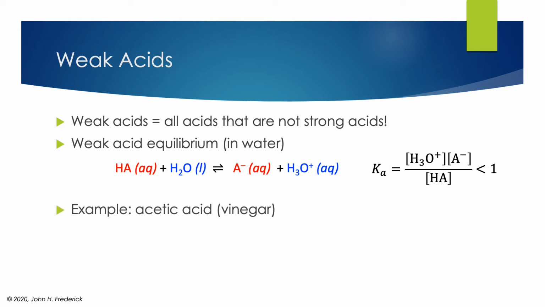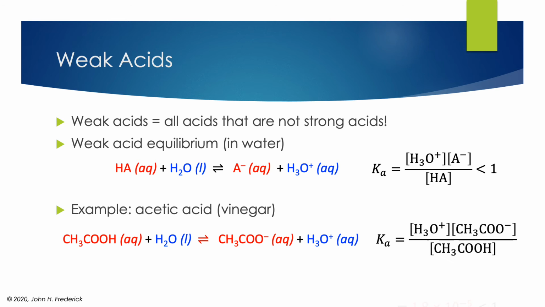An example of this would be acetic acid, which is the essential ingredient of vinegar. In this case, CH3COOH is acetic acid, and it undergoes this reaction in water. It forms the acetate ion, CH3CO2-, and the hydronium ion.